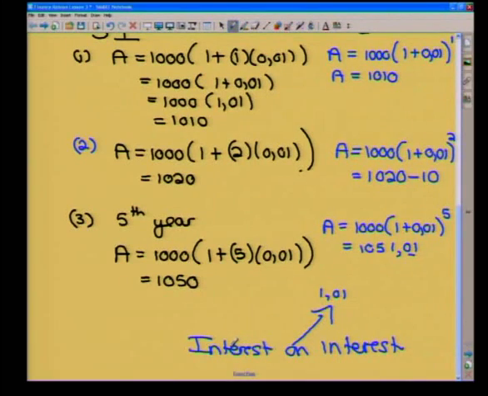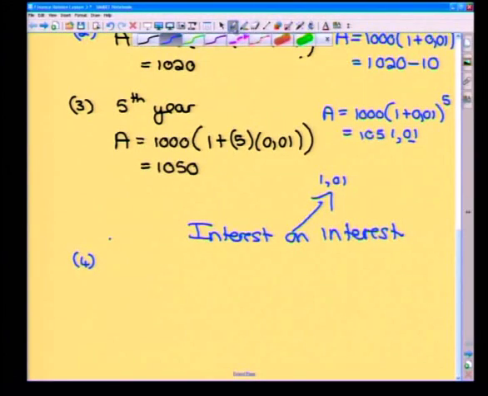Right, now as you can see, we've got interest on interest. And what I'm going to do, just one more of these, is I'm going to have a look what happens in the 15th year. Now, what do we anticipate at this stage? One of the things that's very important with this section is that you're working with a calculator, and sometimes you can press the wrong button, as I'm sure you're aware by now.